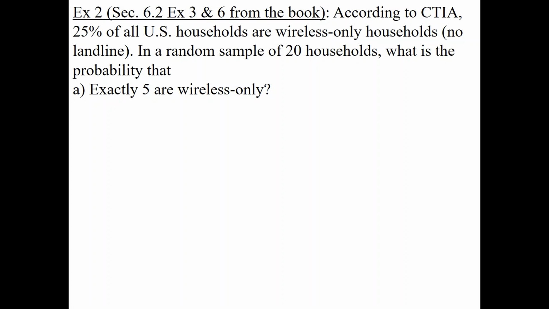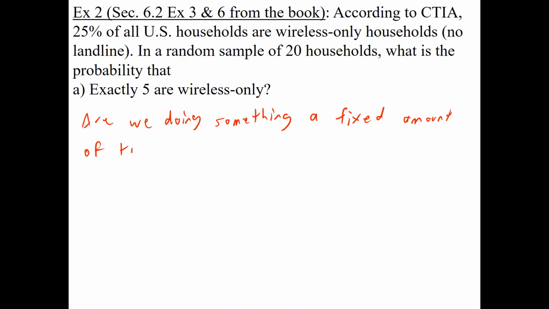So the first ingredient would have been, are we doing something a fixed amount of times? We'll call this the first ingredient.